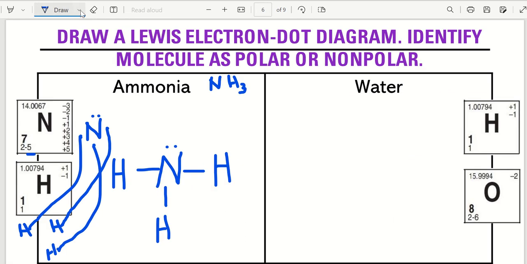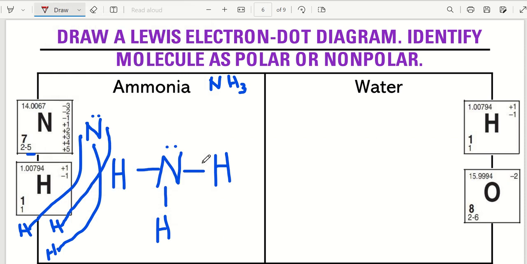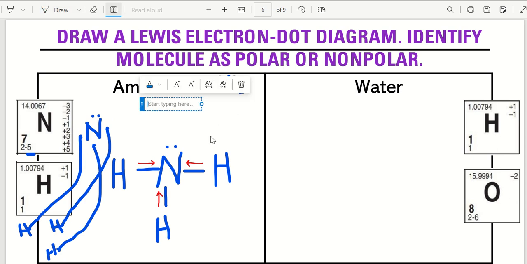So I'm just going to switch color and go a little smaller. That means the polar covalent bond is pulling this way and this way and this way. Is there anything available to pull in the opposite direction? Nope. So what is this?